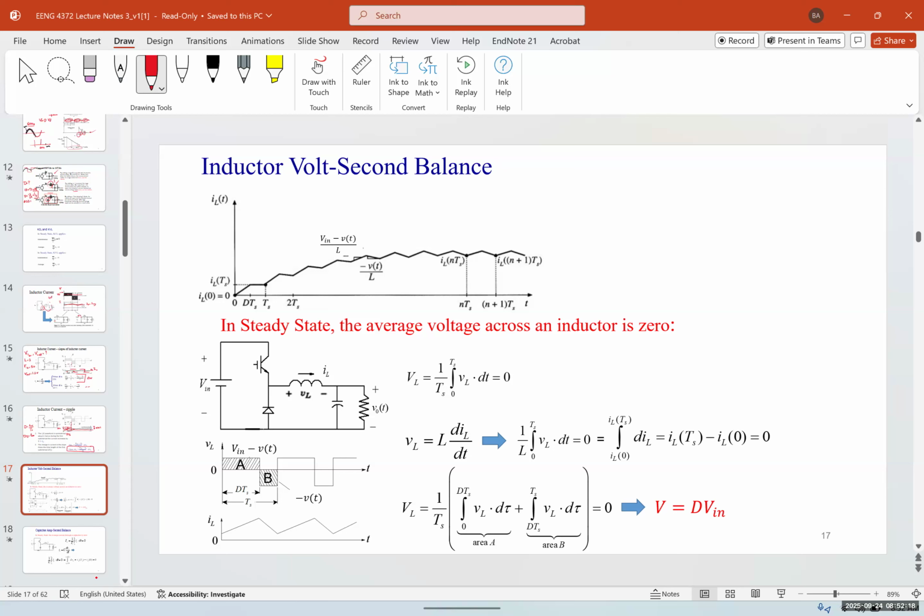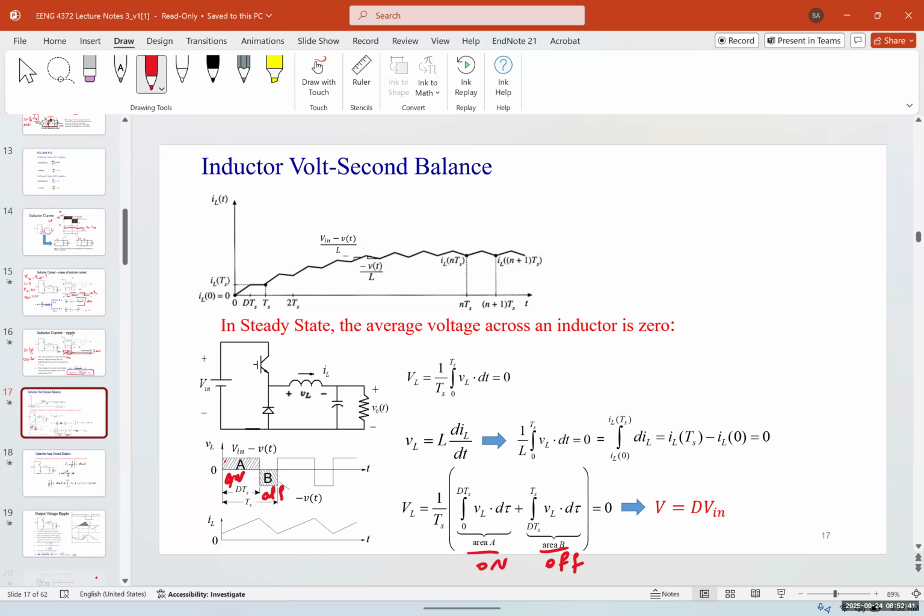This is area A for when it's turned on, and area B for when it's turned off. And that would be equal to V is equal to dVn.